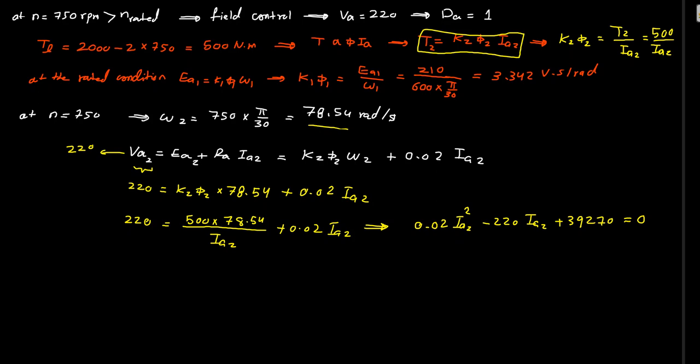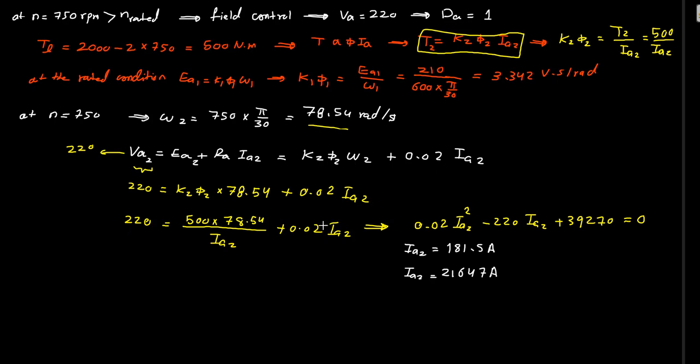If we solve it, we will get two solutions. The first one is IA2, which equals 181.5 ampere, and the second one IA2, which will equal 21647 ampere.